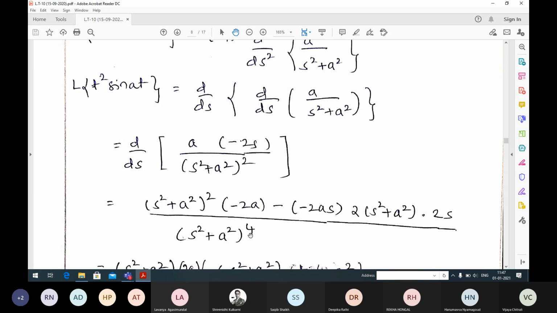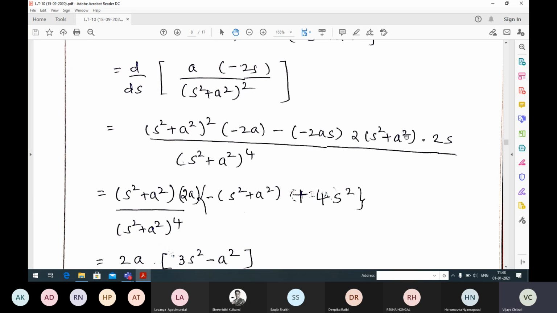Keep the denominator as it is and differentiate the numerator: minus 2as with respect to s is minus 2a. Then minus the numerator as it is, minus 2as, times the derivative of the denominator: 2 into s square plus a square, times the derivative of s square plus a square, which is 2s.